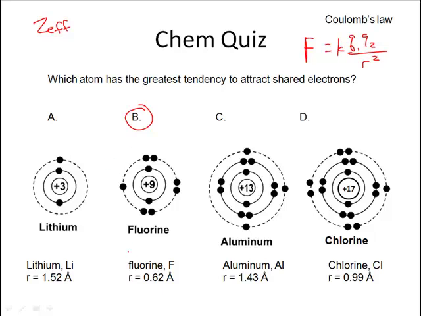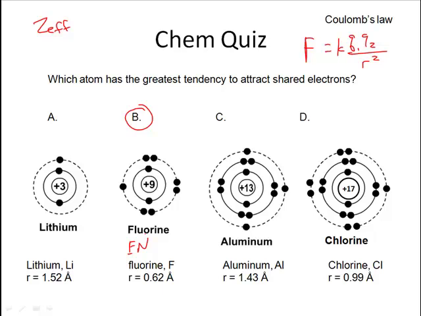So fluorine does attract electrons most to itself, and a good way of knowing this is that it has the greatest electronegativity. So you might not have even looked at Coulomb's law, but that is why it has the greatest electronegativity: the charge distance is much smaller, the radius is much smaller, and the charge itself is not as shielded.